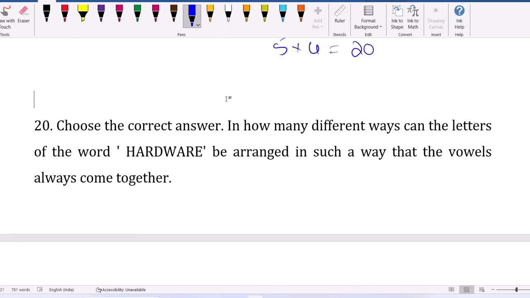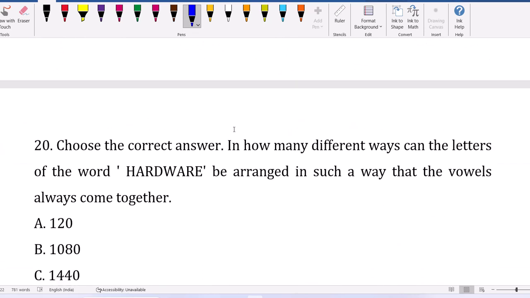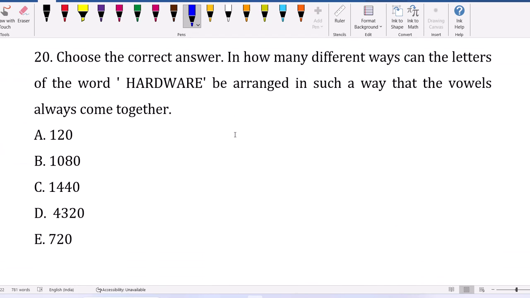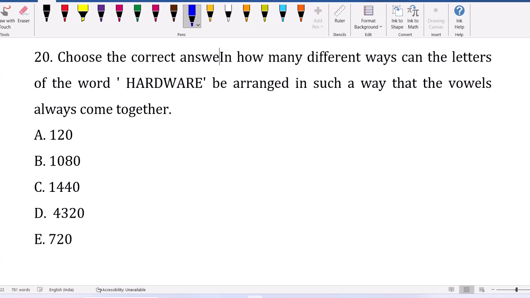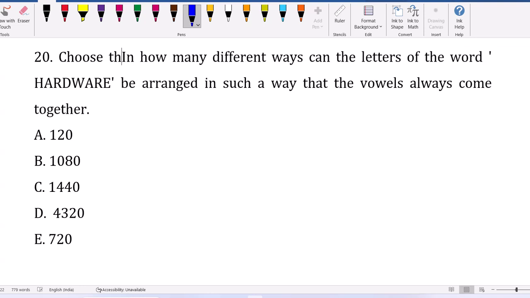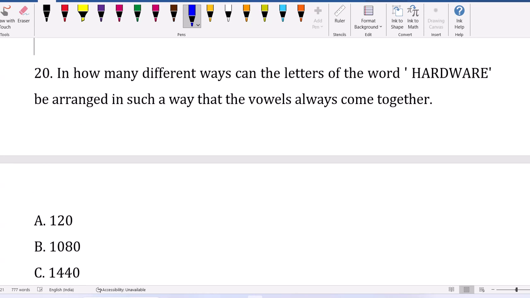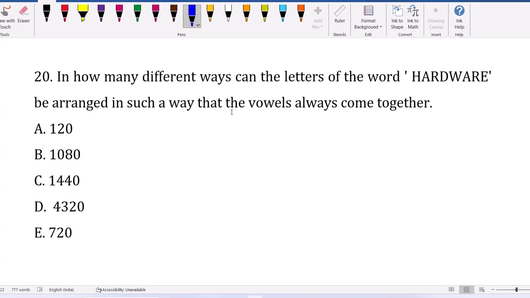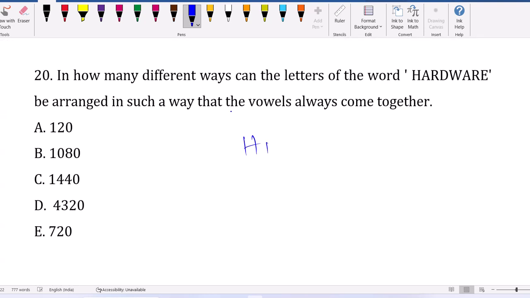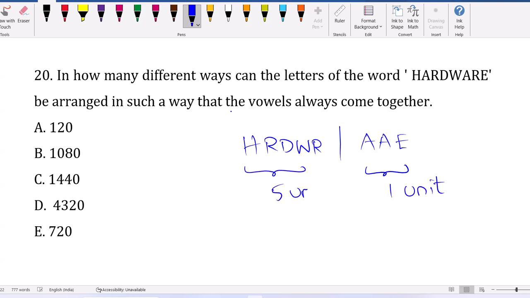Now see this question, again related to permutation and combination. In how many different ways can the letters of the word HARDWARE be arranged in such a way that vowels are together? Consonants separately, vowels separately. Vowels together means we consider them as one unit, so total 6 units.